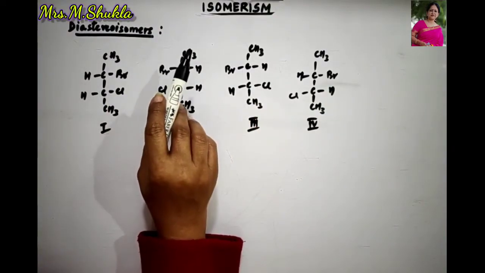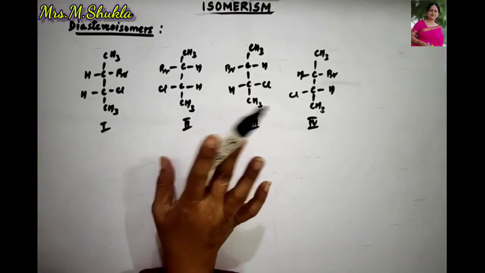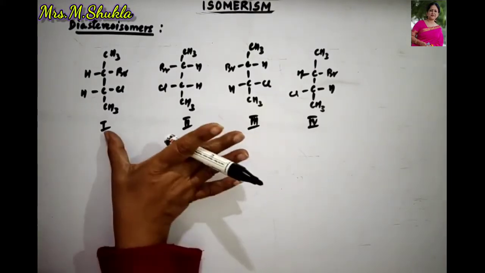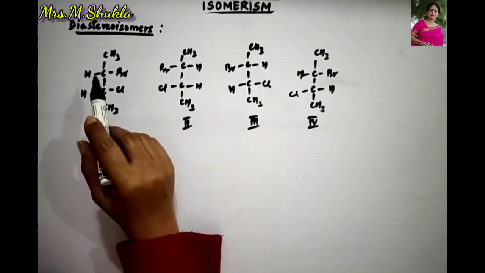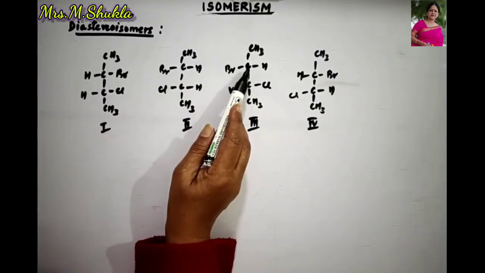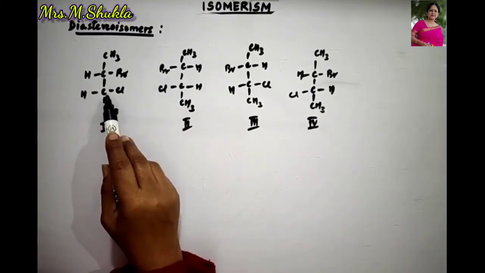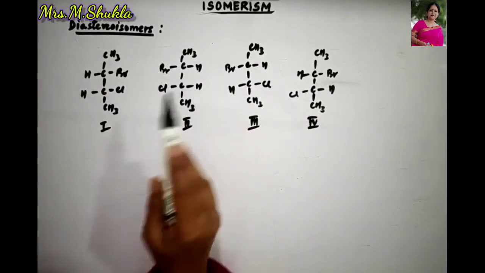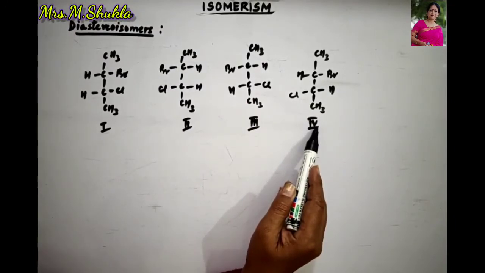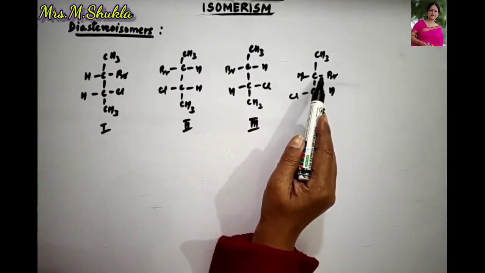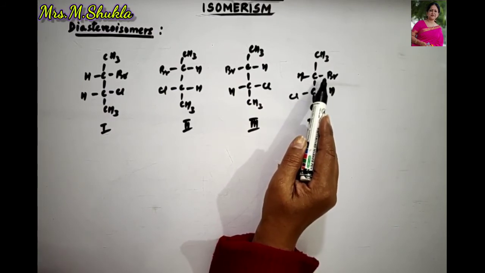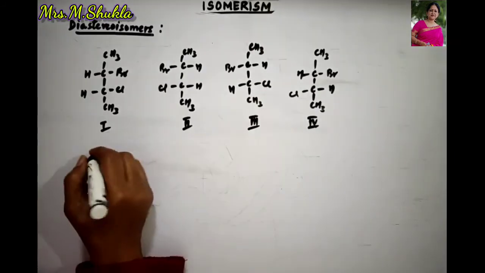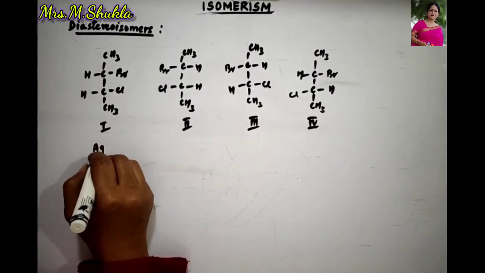These are those stereoisomers that are not enantiomers, and they are not the mirror images of one another. Like see in 1 and 3, what do you see? Here you will see the identical configuration about one chiral carbon, and here you are going to see the mirror image configuration on the other chiral carbon, right? Similarly, in the 2nd and in the 4th one also, here you will see the identical configuration of one chiral carbon, but in this one you will see the mirror image configuration. Is this point clear? Again, go back to your images and see once again.